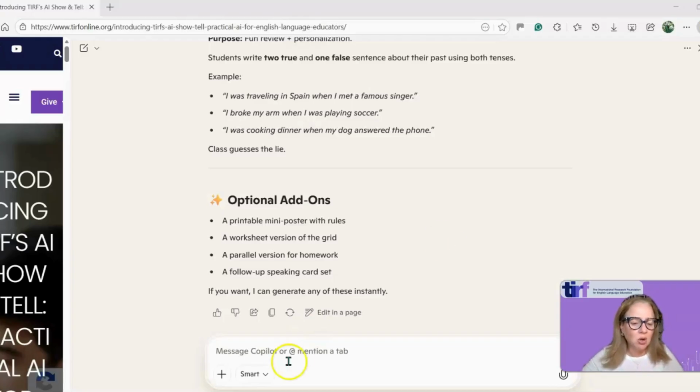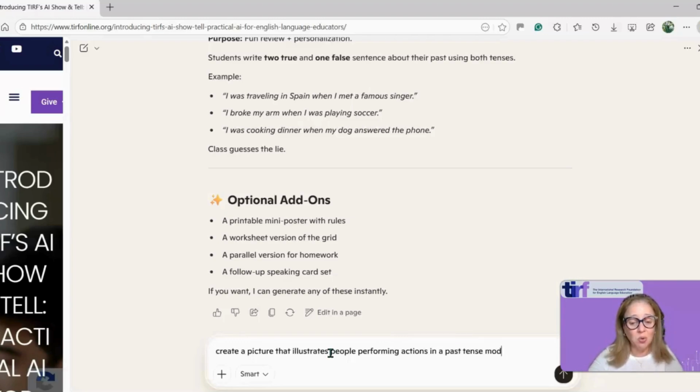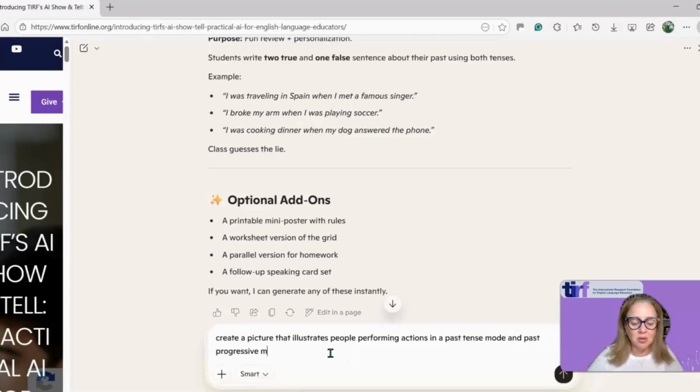I will ask Copilot to create a picture. Create a picture that illustrates people performing actions in a past tense mode and past progressive mode.